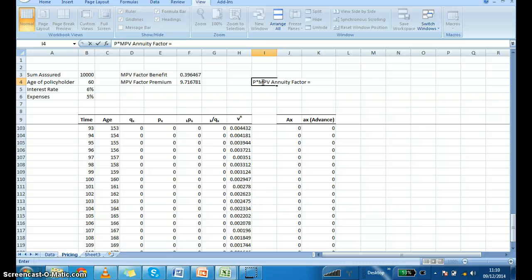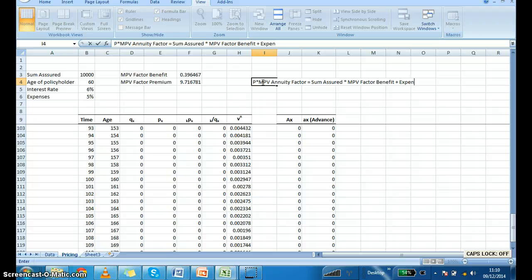is equal to the sum assured multiplied by the MPV of the benefit factor, plus the expenses.